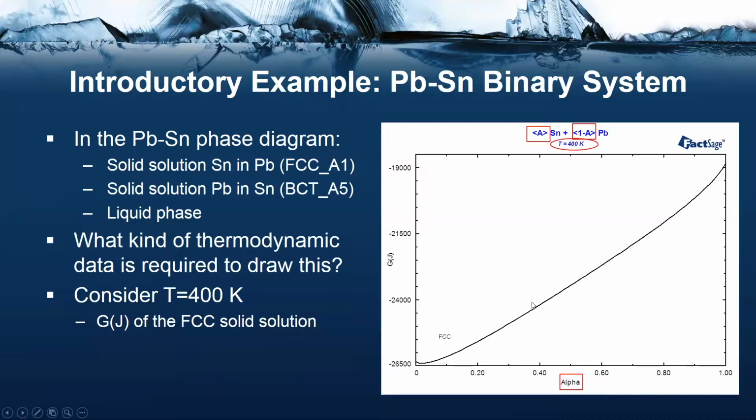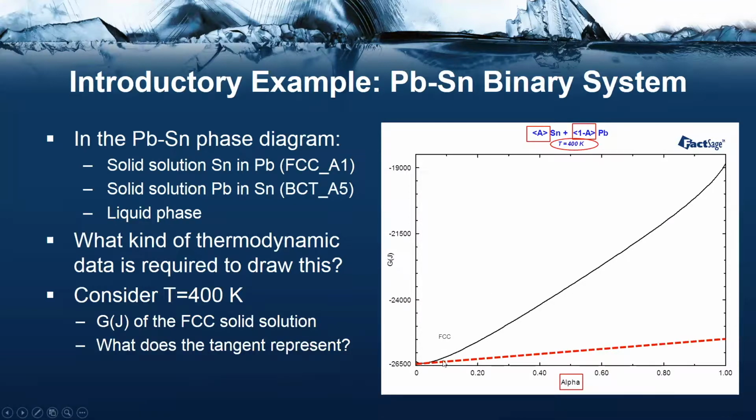To this function, we can draw a tangent at any composition. For example, this tangent. What does the tangent represent? Consider if we look at the intersection with the y-axis at alpha equals 0 and at alpha equals 1. At alpha equals 0, the intersection with the y-axis represents the partial molar Gibbs free energy of lead.